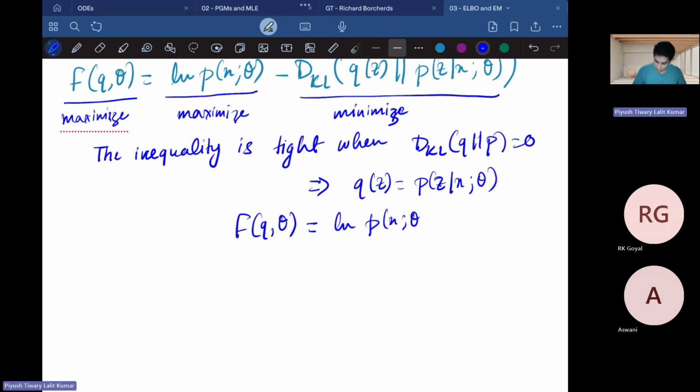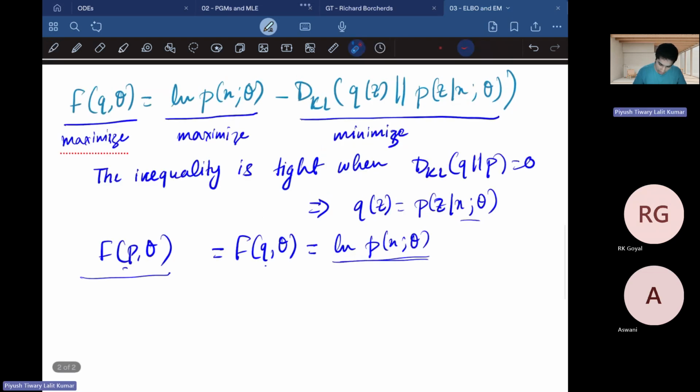So, in fact, this F of Q, theta would actually become F of P, comma theta, right? Because Q is equal to this thing, P of Z given X, theta. So when you substitute Q with P, this log likelihood becomes equal to your ELBO.